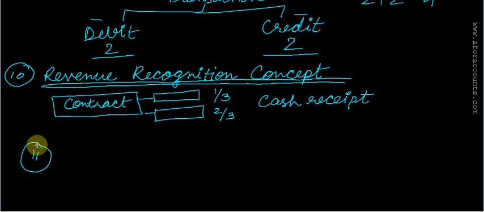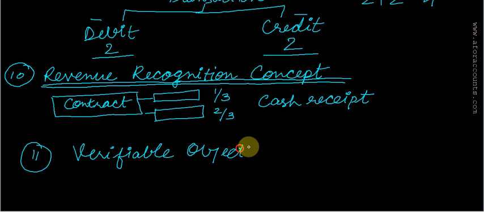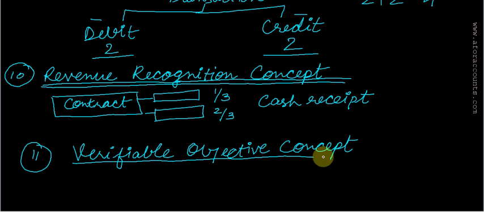Now the 11th one, verifiable objective concept. Okay. All accounting transactions should be supported by documents.